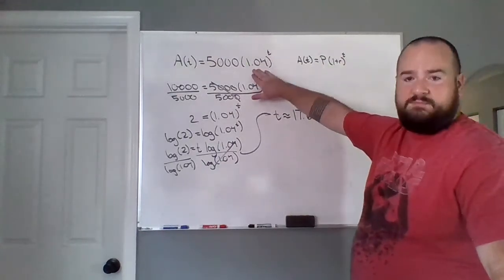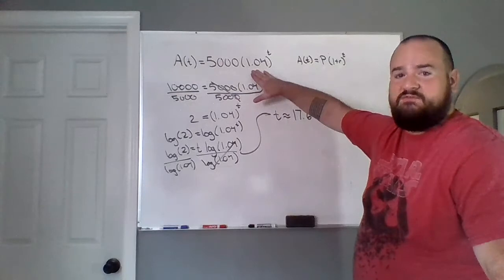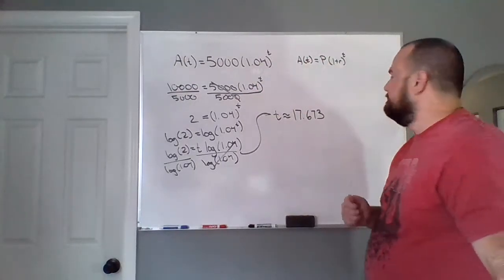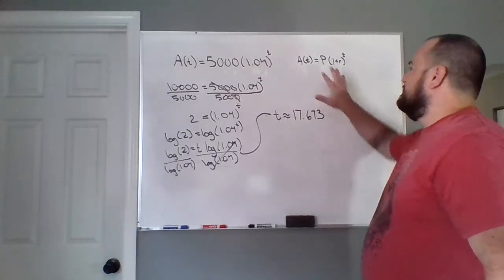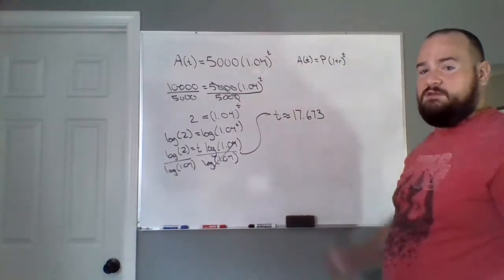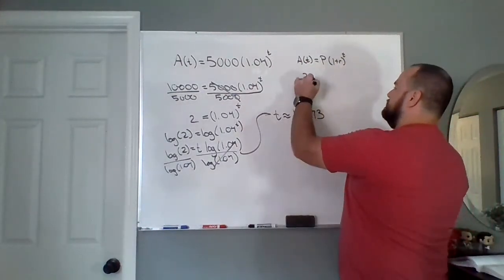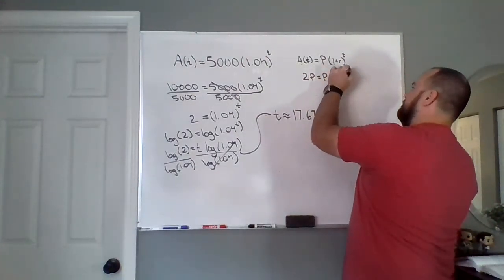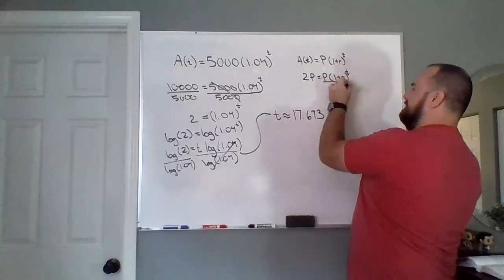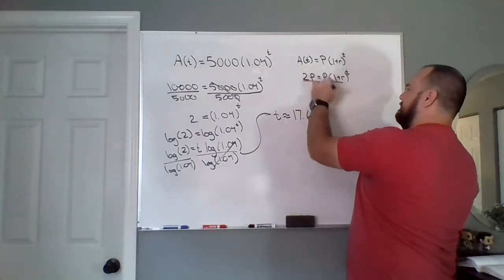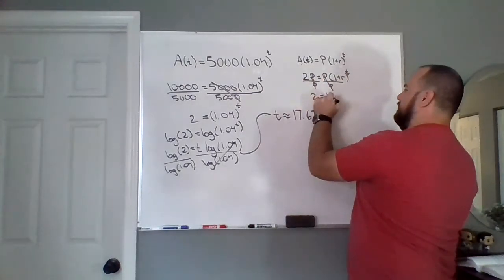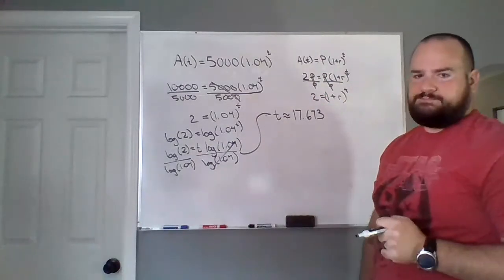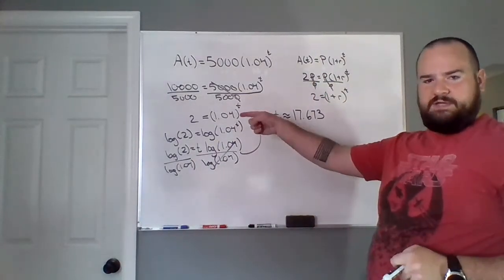So in this case it is 1.04 because we had 4% interest. 4% is 0.04 as a decimal. 1 plus 0.04, 1.04. For this to double, that means this needs to equal 2p. My first step is divide by p. So I get 2 equals 1 plus r to the t. Just like what we had here.